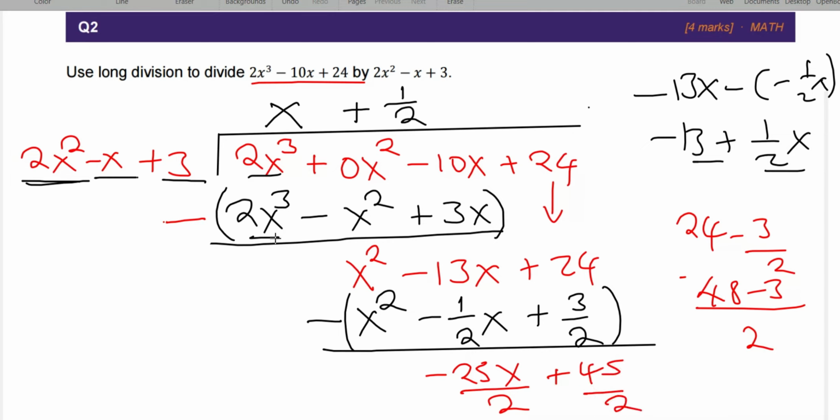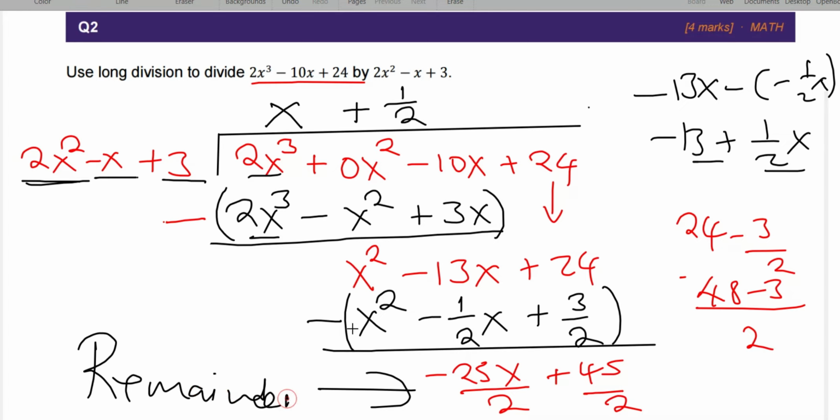All right. So the next step expected is you divide this into that. Now already the order that you're dividing with is higher, so you can't divide. This is the power 2, that is the power 1. When you reach this point, then you've got a remainder. This here becomes your remainder. Then the quotient is what you have on top.